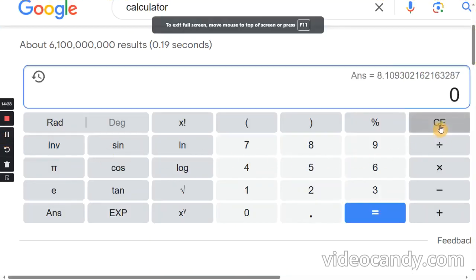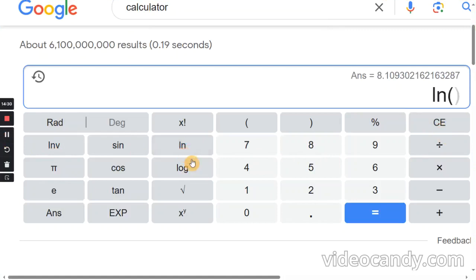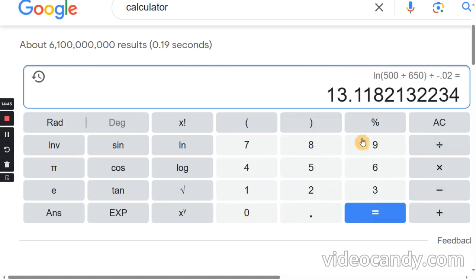All right, hit clear. Natural log of 500 divided by 650. Close parentheses, and that whole thing is divided by negative 0.02. It equals, and we get 13.118 rounded off.